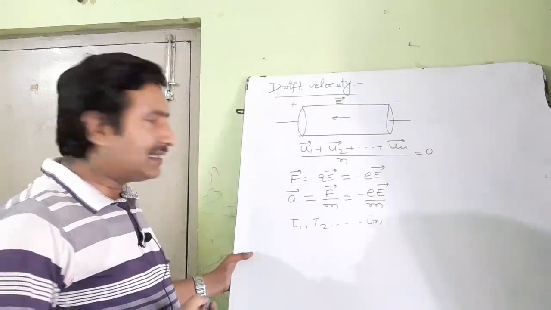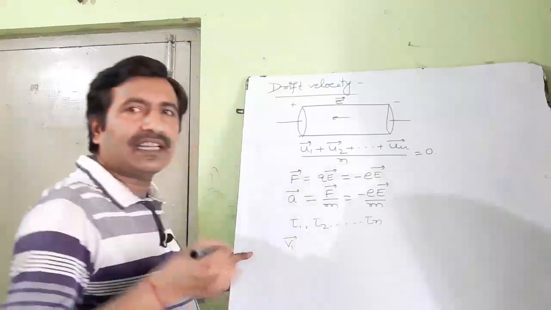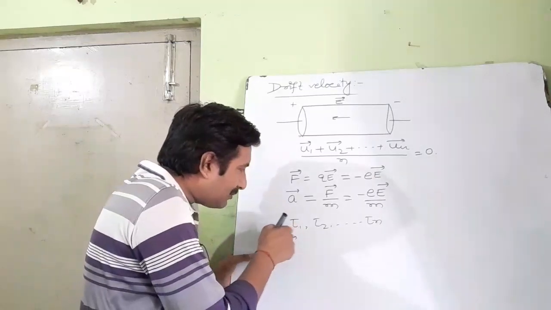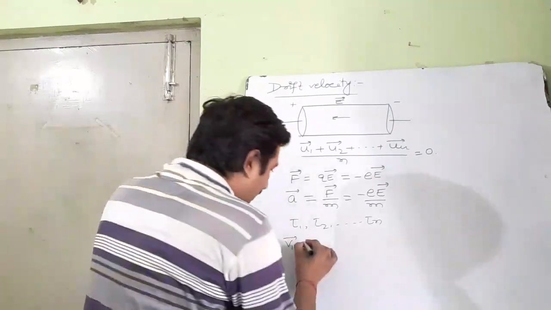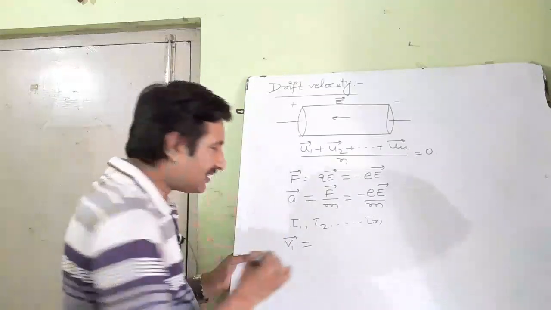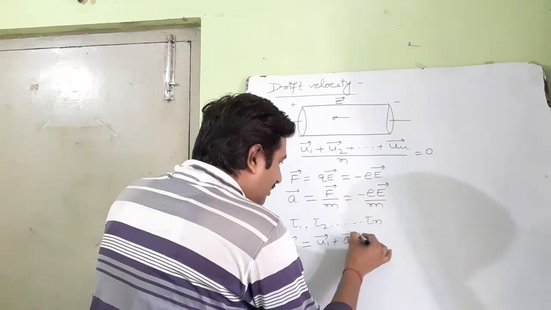Then the velocities with which they collide in time tau 1 is given by v = u + at, so v1 = u1 + a tau 1.